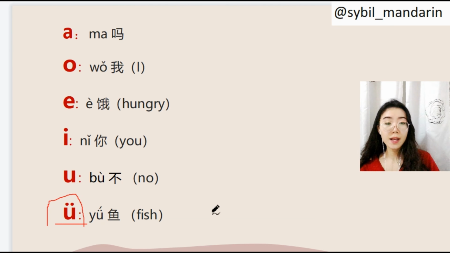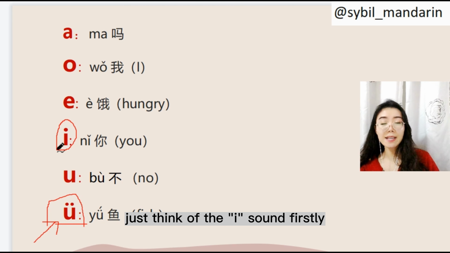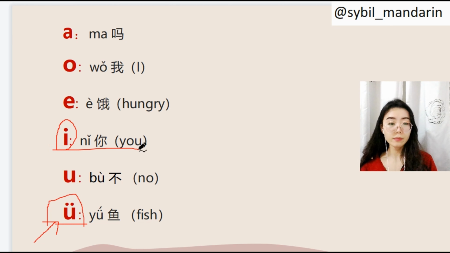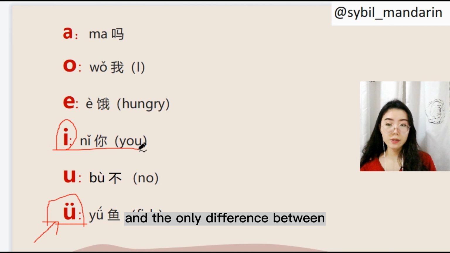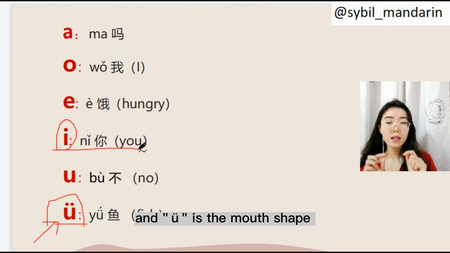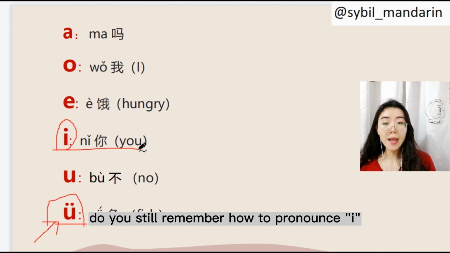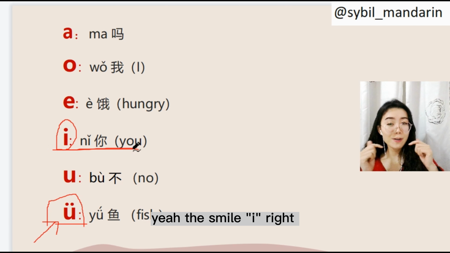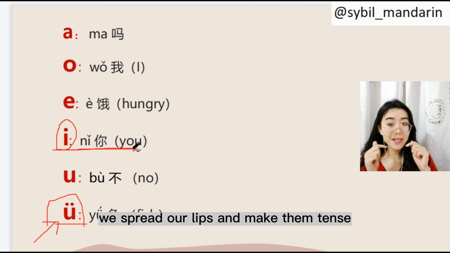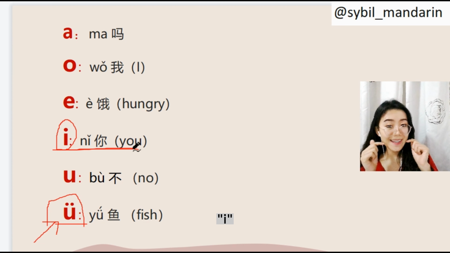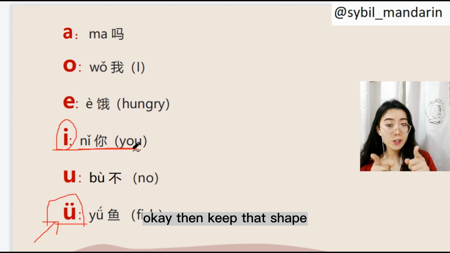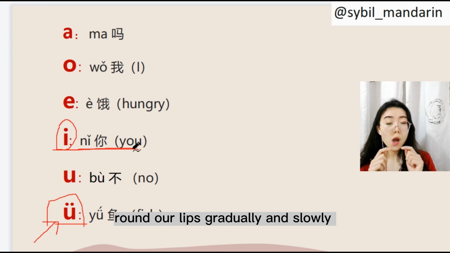Just think of the e sound first. The only difference between e and ü is the mouth shape. Remember the smile e: we spread our lips and make them tense. Then keep that shape and round our lips gradually and slowly.